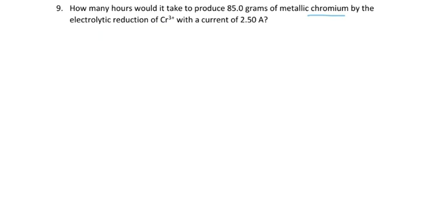So we can say chromium 3 plus gains 3 electrons to give us chromium in its metallic form as a solid. Okay, so we can see we have got 3 electrons here. So we need to determine the hours.